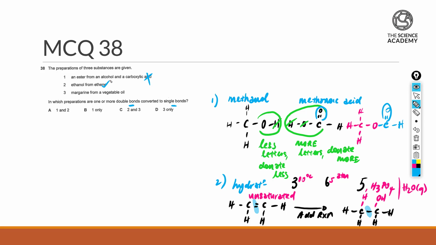And for number 3, margarine from vegetable oil. All vegetable oils are considered to be unsaturated. And the act of conversion of vegetable oil into margarine is via the process of hydrogenation. That comes with the conditions of 200 degrees Celsius, as well as finely divided nickel.